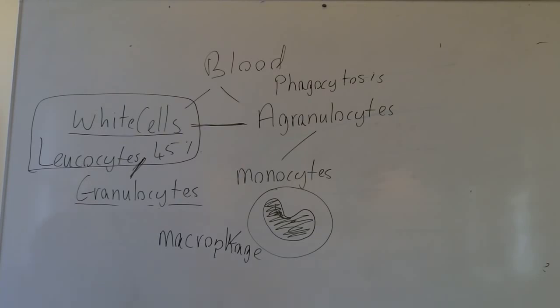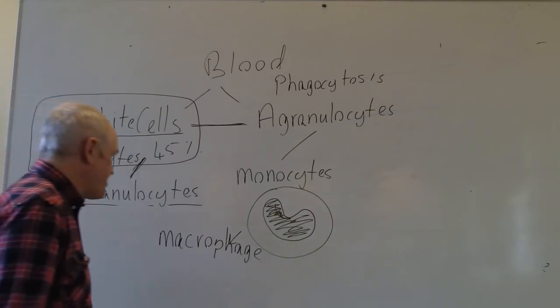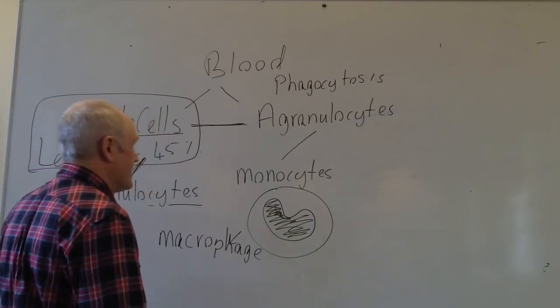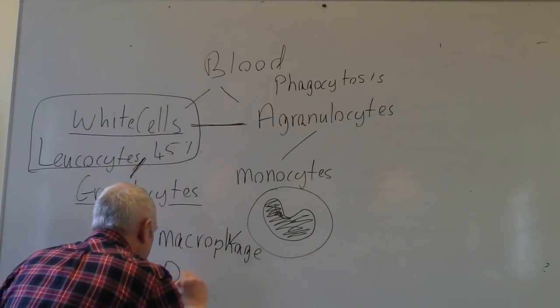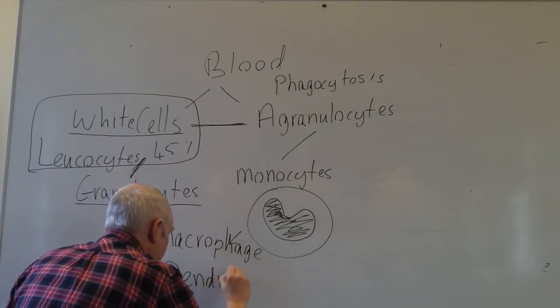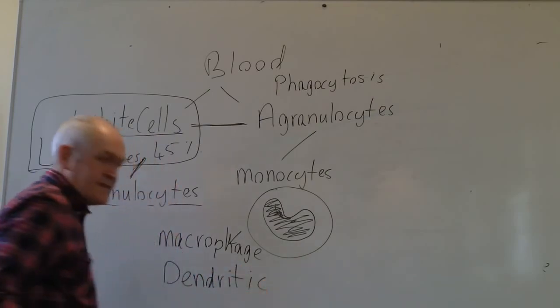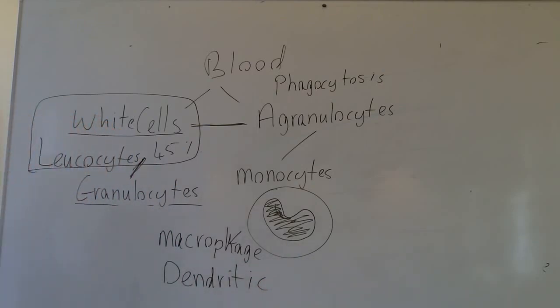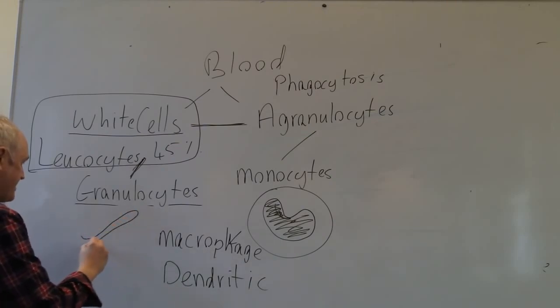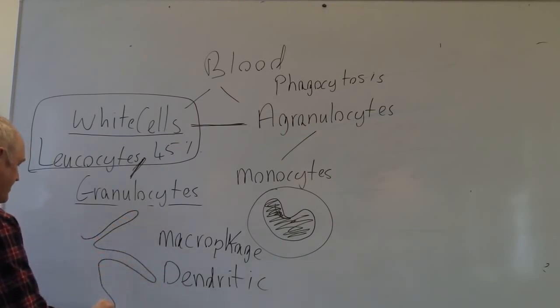Monocytes, and also we now know that monocytes can differentiate in the tissues into cells called dendritic cells. Dendritic cells have lots of extensions. They're like an octopus, lots of dendrites coming out of them.